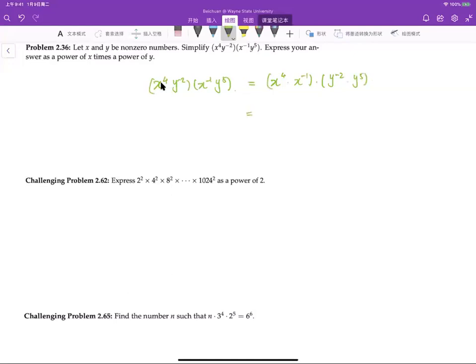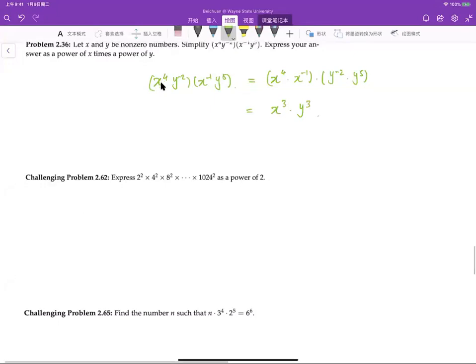Now basically we do x to the power of 4 plus -1, which is x to the power of 3. Good. And then y to the power of -2 plus 5, so y to the power of 3.